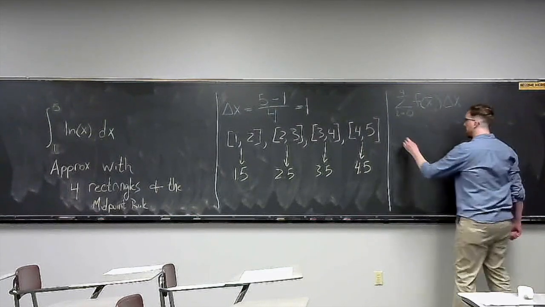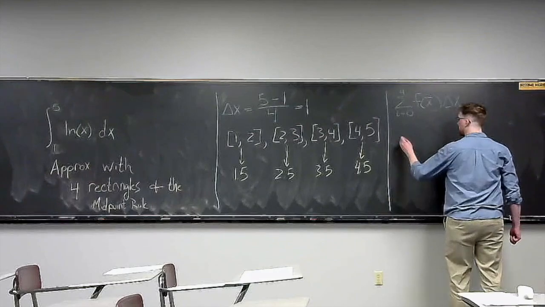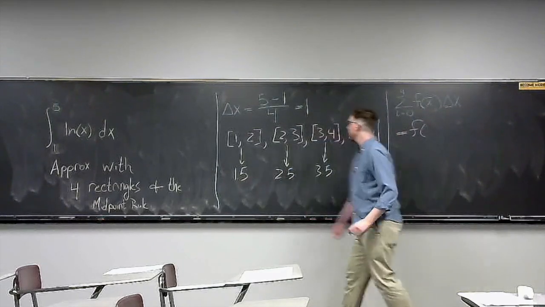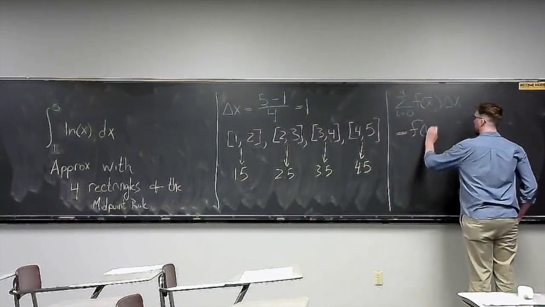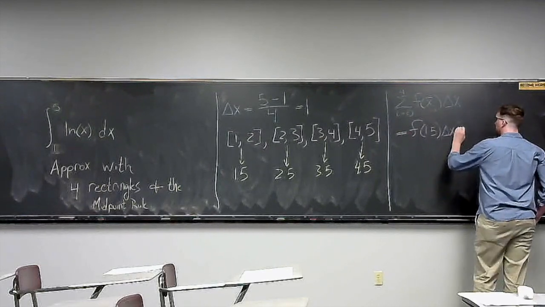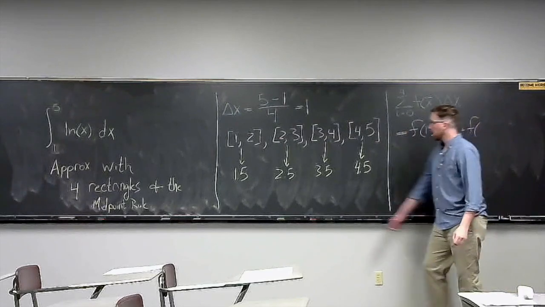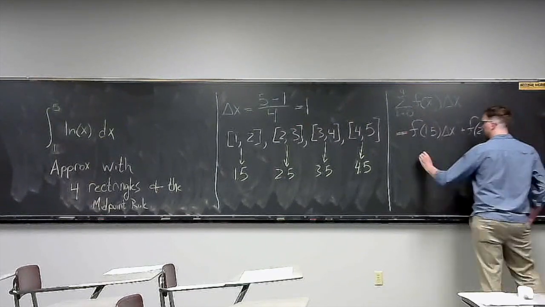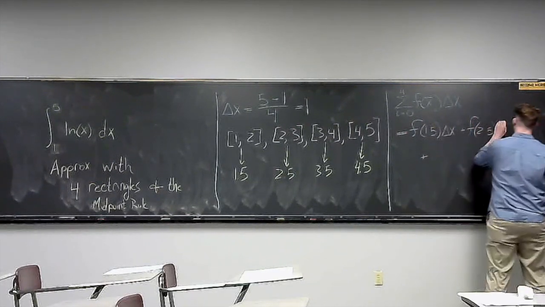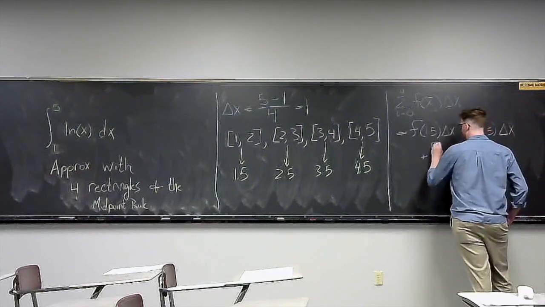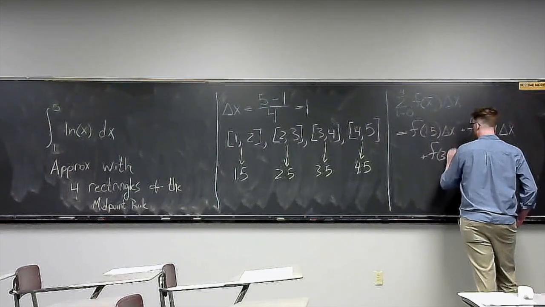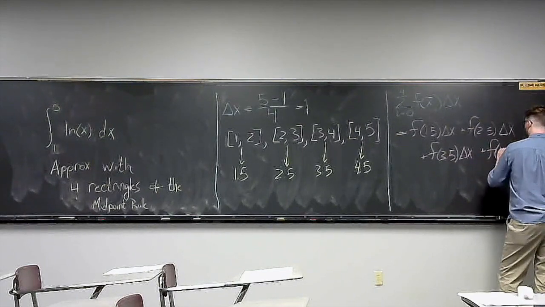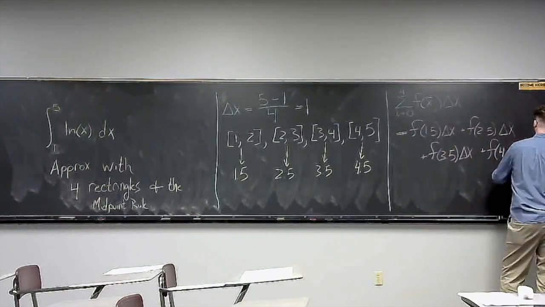And this thing is going to be equal to f at 1.5 times delta x plus f at 2.5 times delta x, plus f at 3.5 times delta x plus f at 4.5 times delta x.